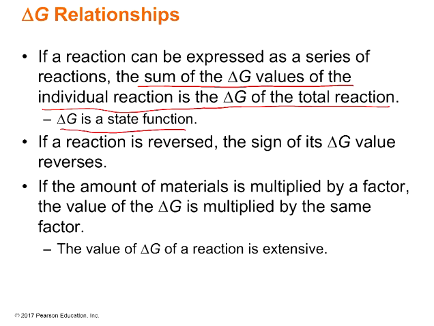All right, so when we're manipulating our reactions, let's say we have to reverse a reaction in order to get to our overall reaction. We also need to change the sign of delta G for that reaction. So if a reaction is reversed, the sign of delta G reverses. And if the amount of materials is multiplied by a factor, we also have to multiply delta G by the same factor.